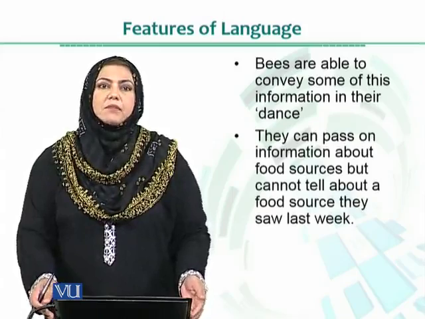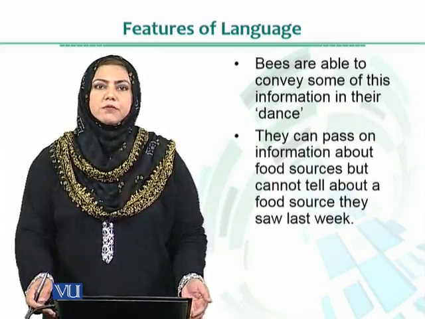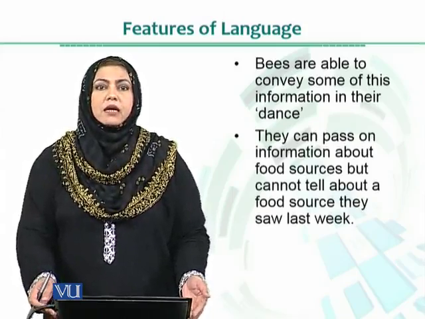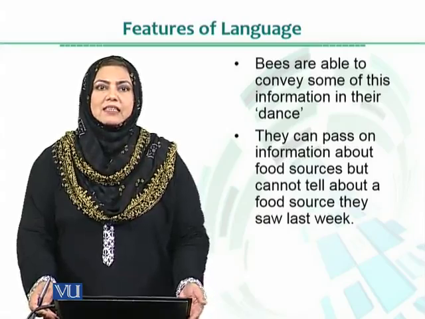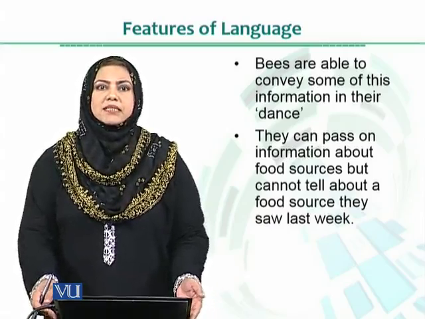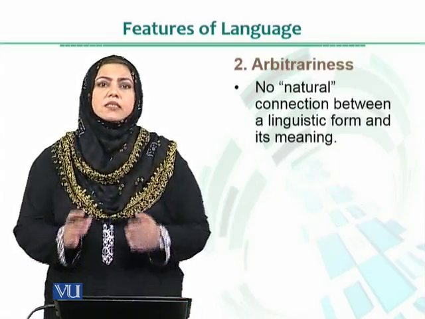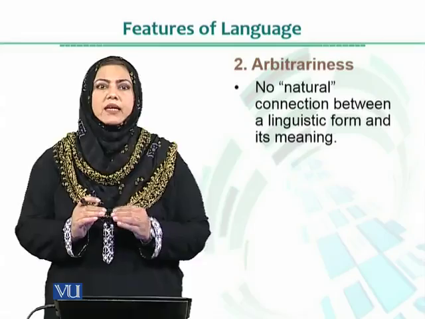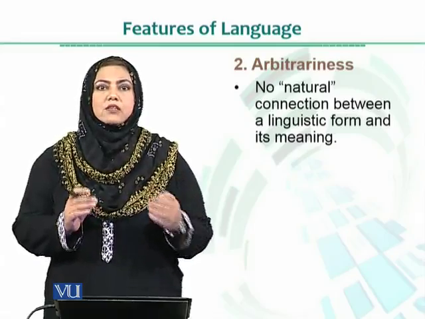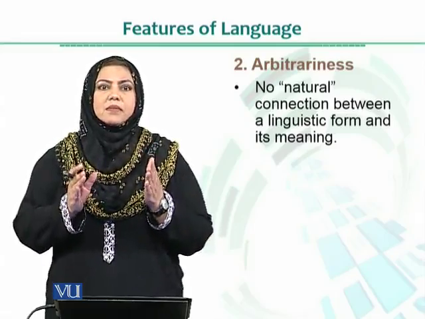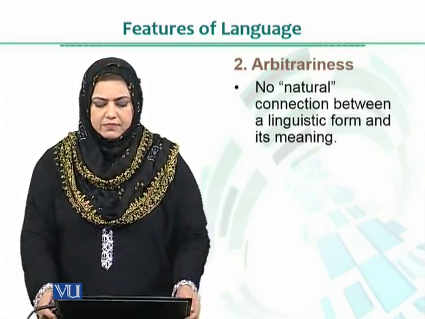For example, they can pass on information about a food source they find around. However, they cannot tell lies. They cannot misguide or misdirect other bees. They also cannot talk about a source of food that they found last week. So, only something that is here, present, now.